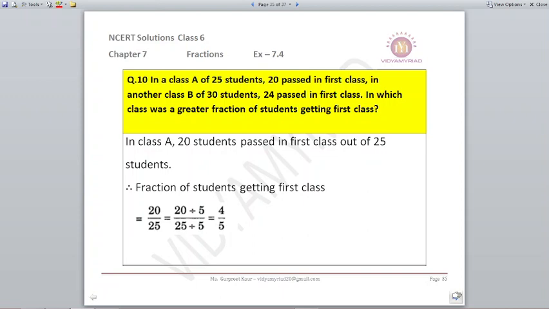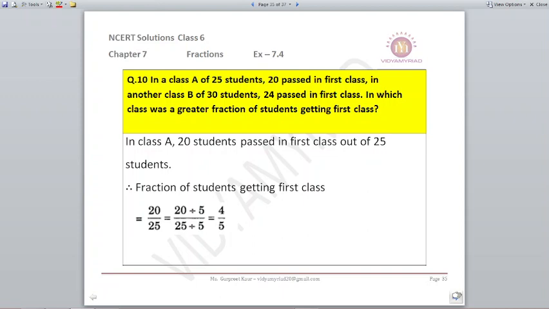In a class A of 25 students, 20 passed in first class. In another class B of 30 students, 24 passed in the first class. In which class was greater fraction of students getting first class? Now if we talk about class A, there are 20 students who passed out of 25. So the fraction is 20 upon 25.